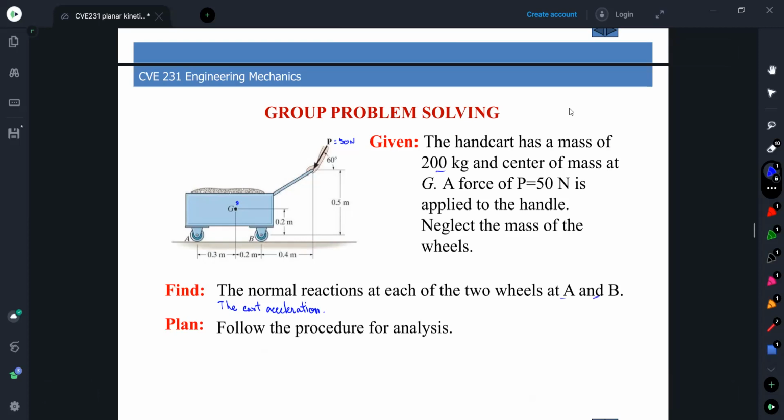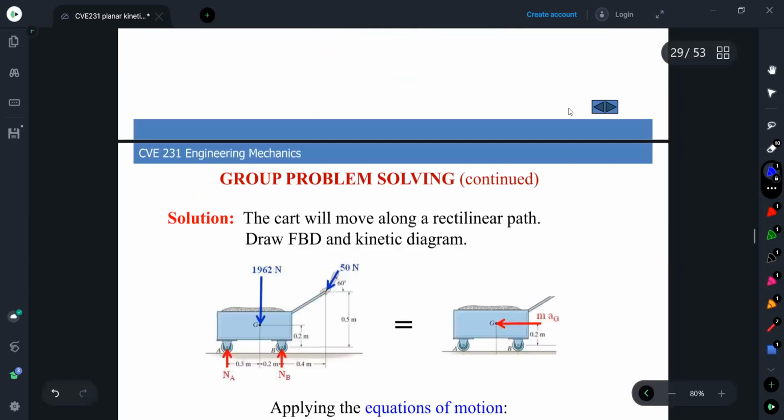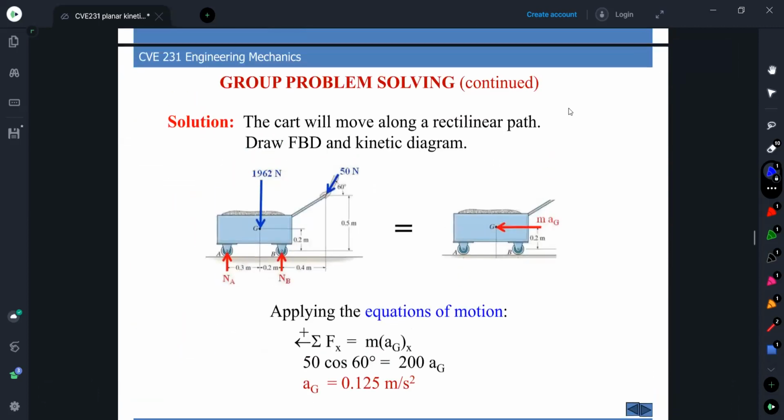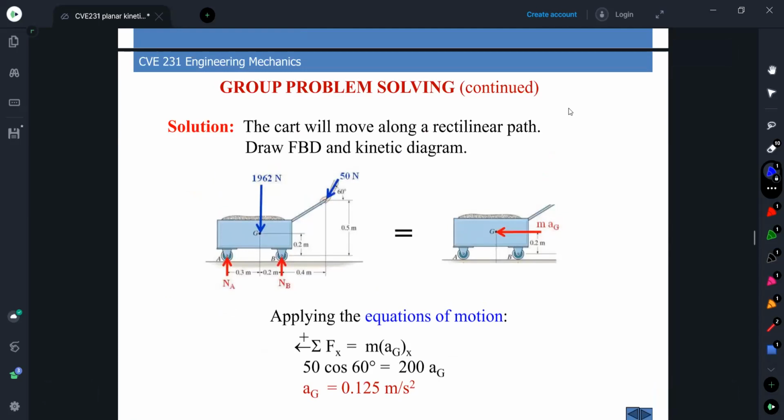We consider the cart as undergoing rectilinear translation only, so this problem is a simple one. We consider the free body diagram and kinetic diagram for the cart.